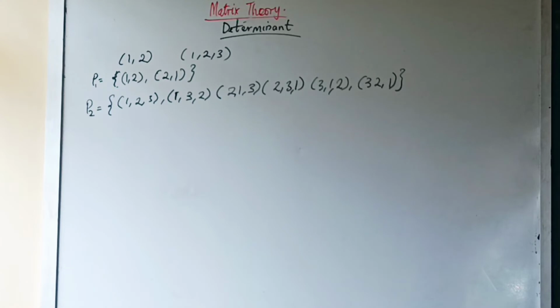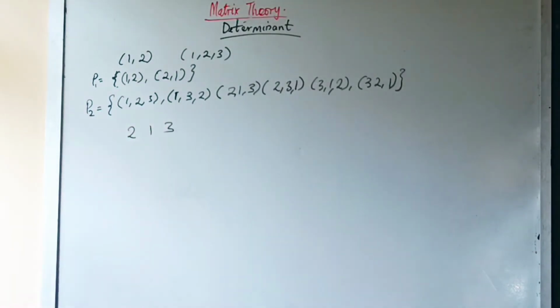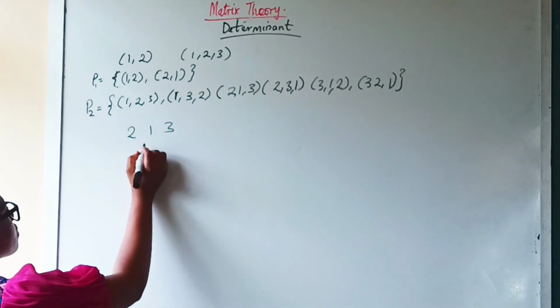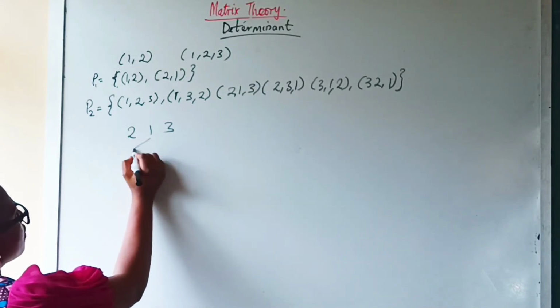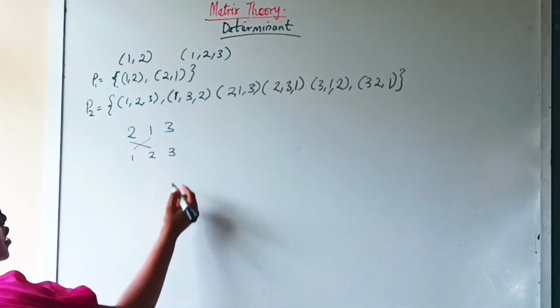Now, if I'm given maybe 2, 1, 3, and I want to rearrange it to get 1, 2, 3, if I swap 1 and 2, I have 1, 2, 3, and I'm done.